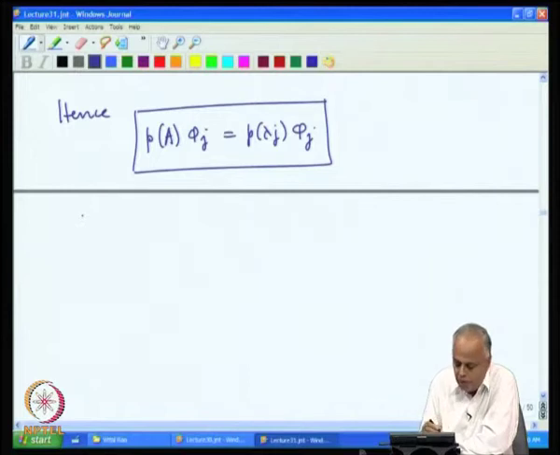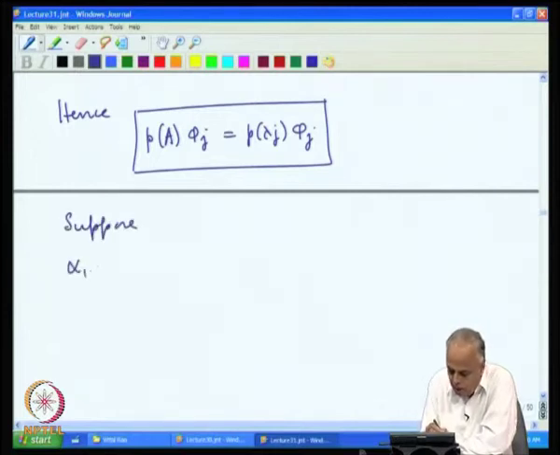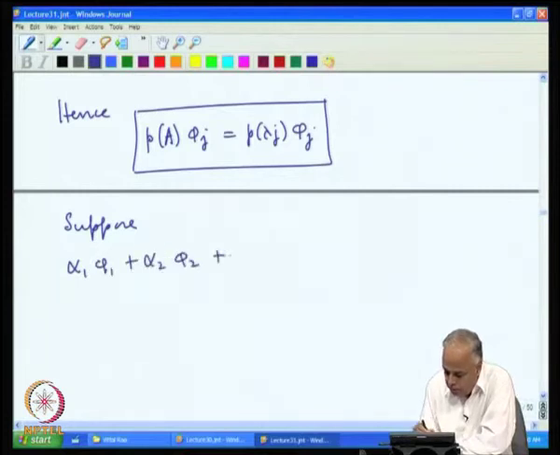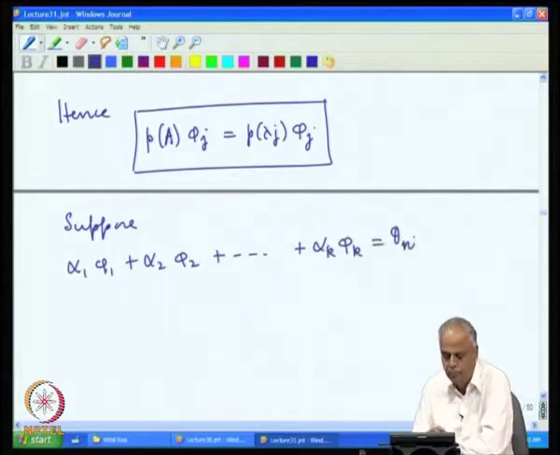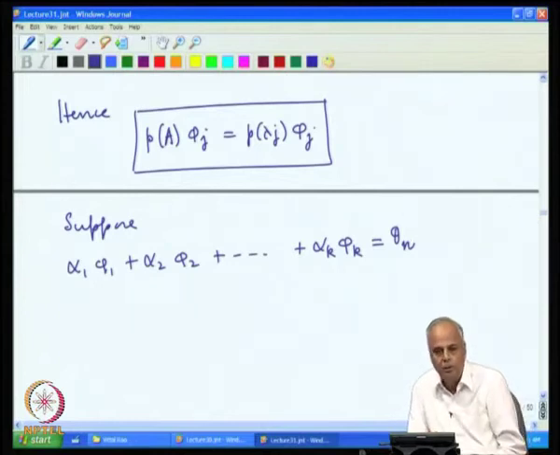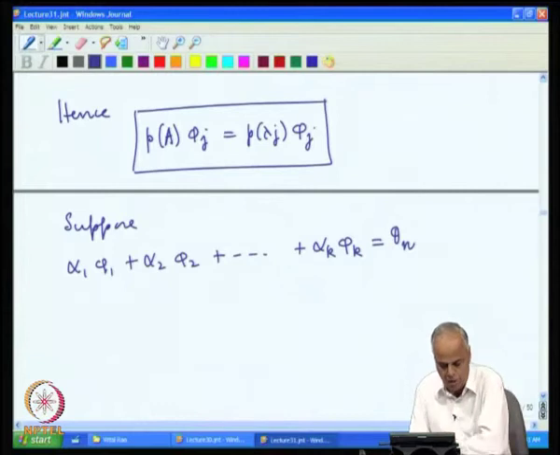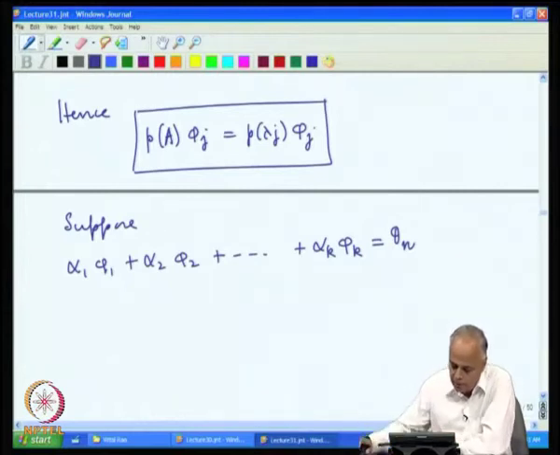So, we start with a linear combination. Suppose alpha 1 phi 1 plus alpha 2 phi 2 plus alpha k phi k is equal to theta n. We want to show that alpha 1 must be 0, alpha 2 must be 0, alpha k must be 0. That will establish linear independence.